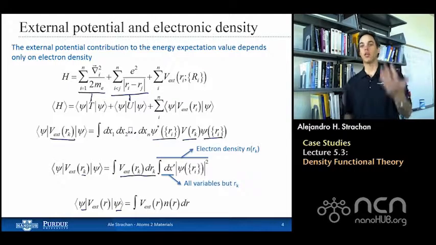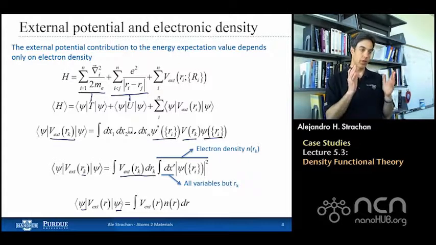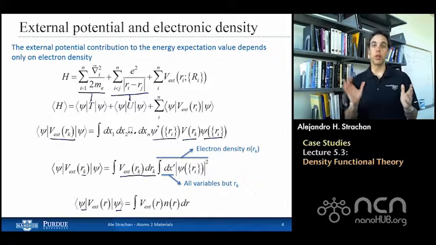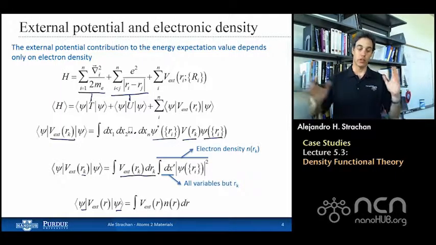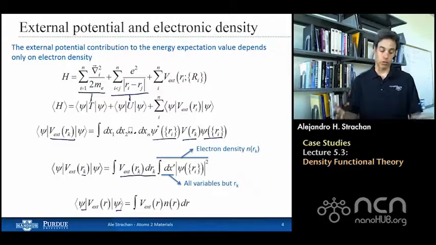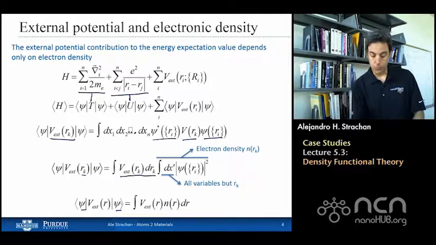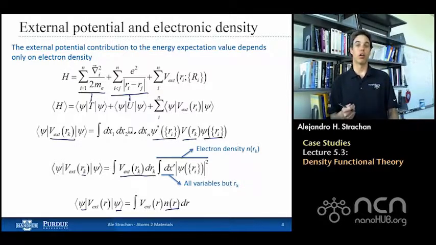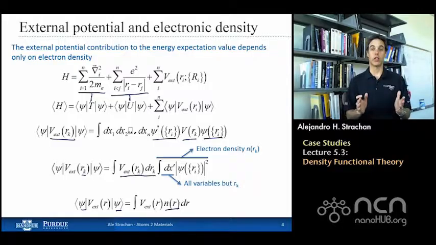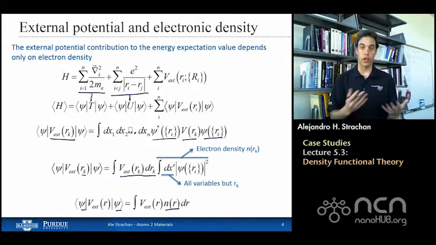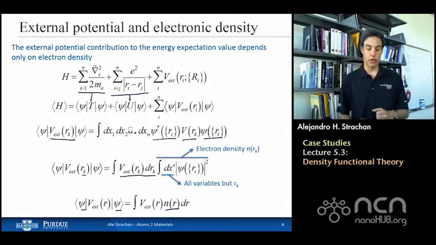This lives in 3n dimensional space. This is a very scary beast. This is the wave function that we cannot integrate or do math with. And the expectation value is a functional of the electron density that lives in 3D. That's a very manageable quantity.